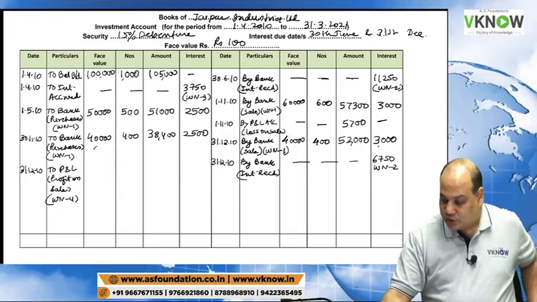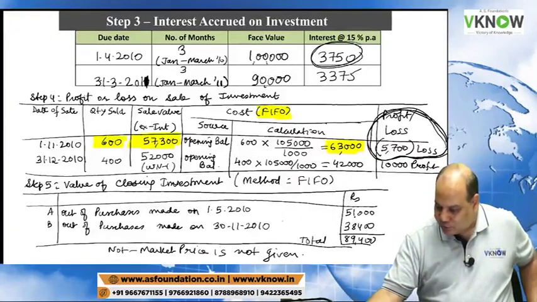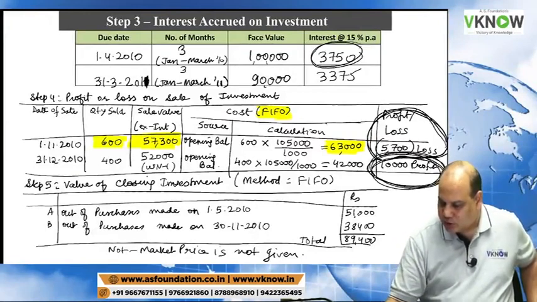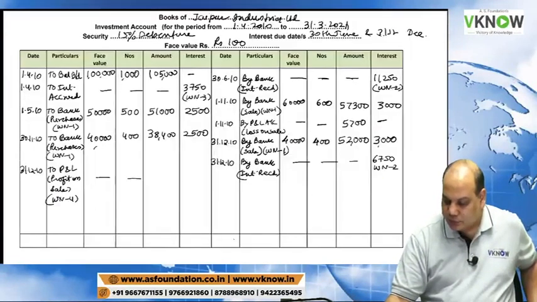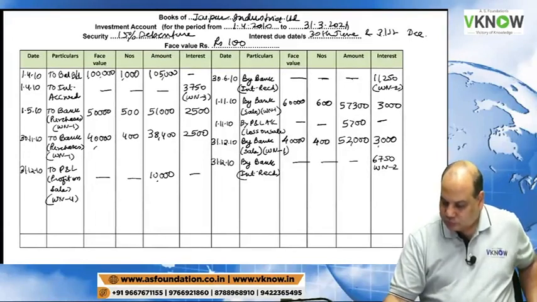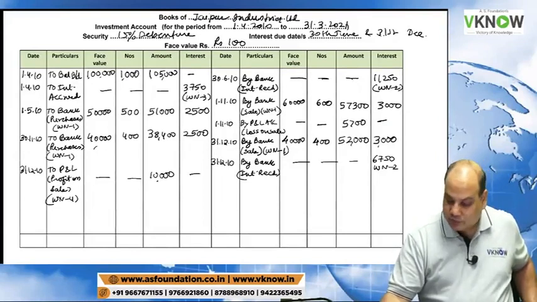How much was the profit on sale? Let me check working note 4. You can see 10,000 rupees on the right side. 10,000 rupees profit. Up to 31st December we have done all entries.